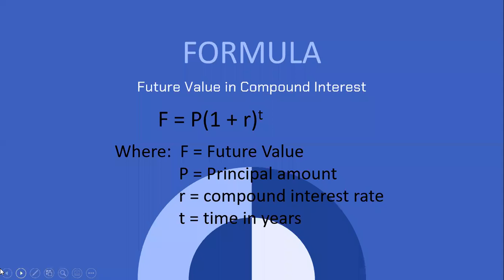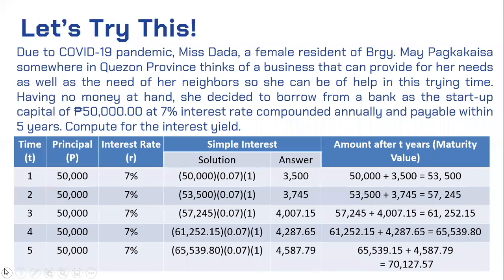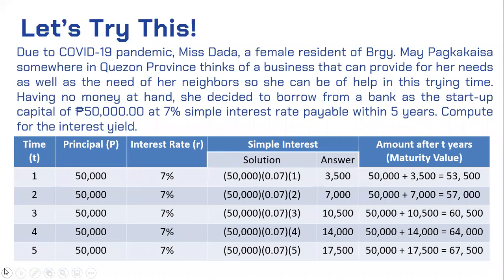Okay, yung kanina na-compute natin, it should be 17,500 lang muna. Tama ba? Opo, ma'am. Ayan, 50,000 times 0.07 times 5 is 17,500 plus the principal, which is 50,000. That's why the payable amount or the maturity value is 67,500.